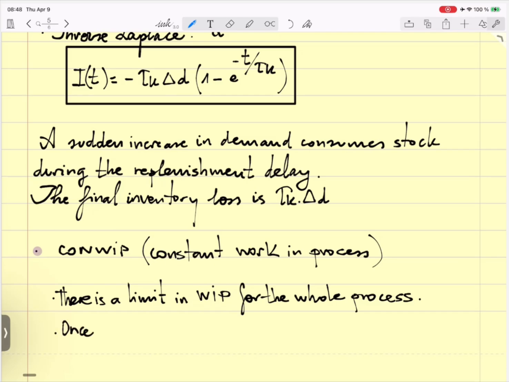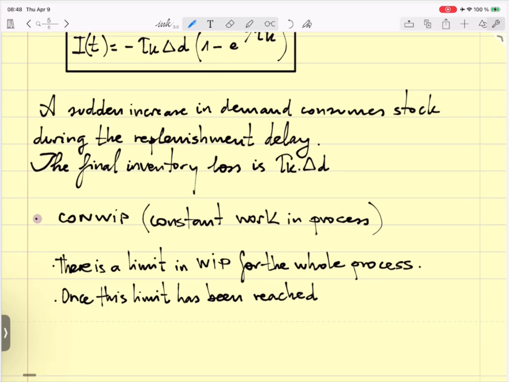Once this limit has been reached, so we are below this work in progress, a withdrawal signal is triggered.